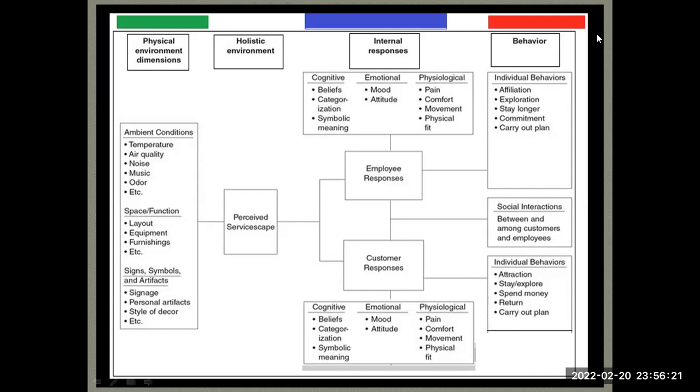In one of the research studies, done at Pantaloon, it was found that initially they prepared their shopping mall, their retail outlet, as per Western culture, and it was very calm, very quiet, very spacious, and these shopping malls were not accepted by Indian customers, and they did not purchase a lot of things.